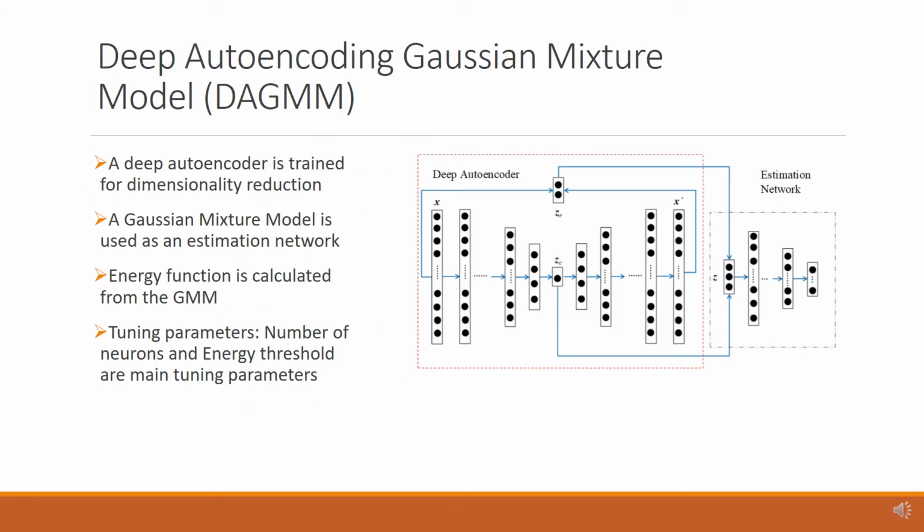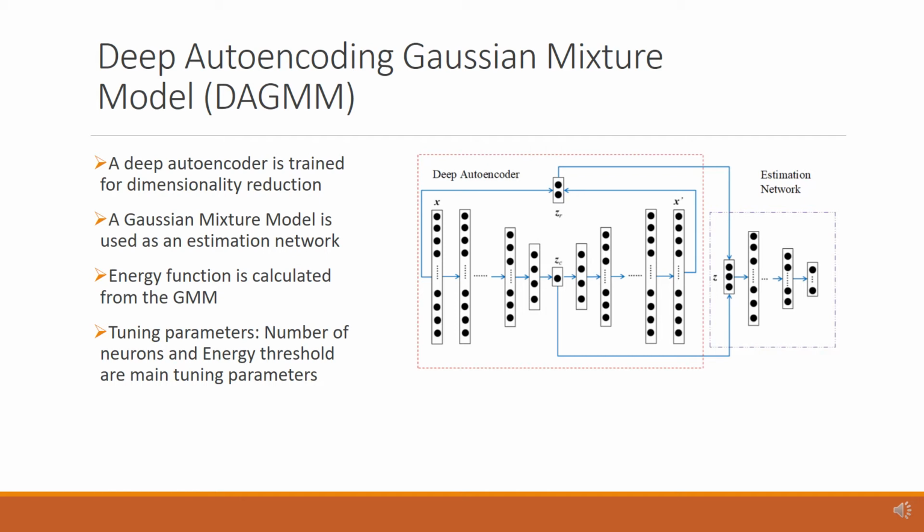Our third model is DAGMM, Deep Autoencoding Gaussian Mixer Model. As you know that in most of the anomaly detection tasks, anomalies come from noise, anomalies come from rare data. So if some data dimensionality reduction techniques are implemented on data before applying some methods of anomaly detection, then anomalies are basically more visible.